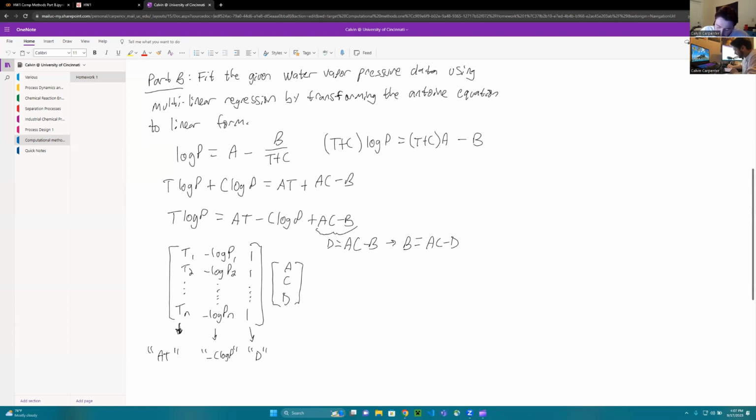And then this is equal to a vector of T log P.